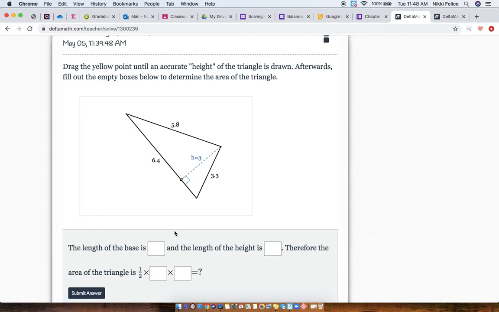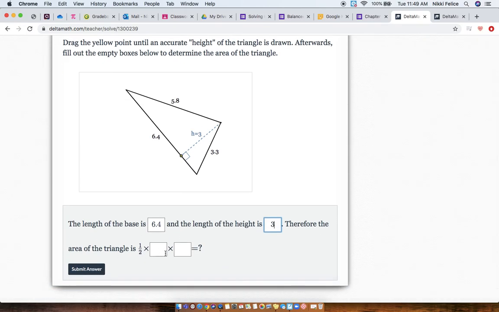Now that I have the real height, I can plug in my numbers. The length of the base is, well, that's this one because it's the line that the height is in the square with. So my base is 6.4, and the length of the height is 3. Therefore, the area of the triangle is 1/2 times base times height. So times 6.4 and times 3.